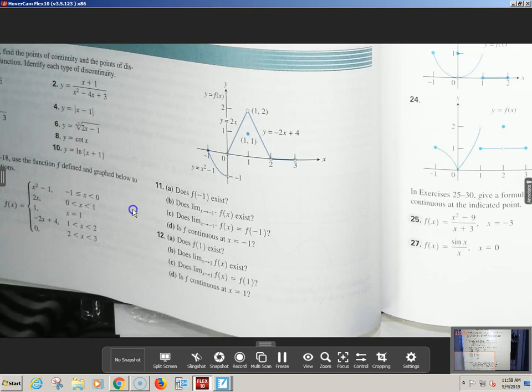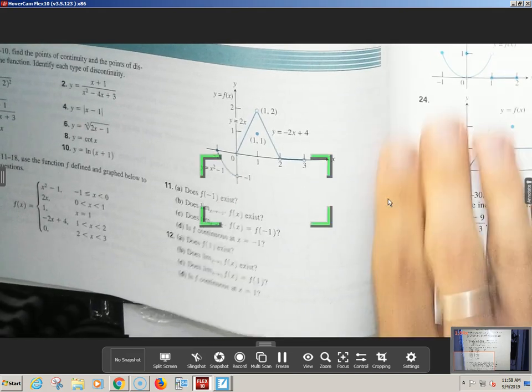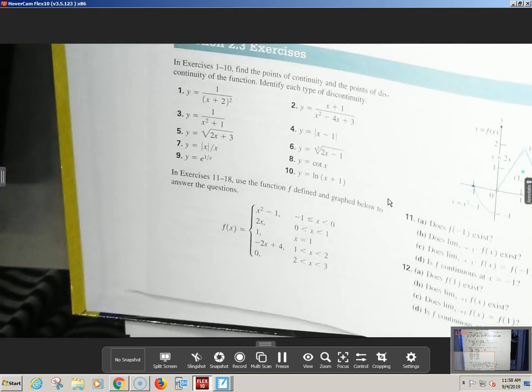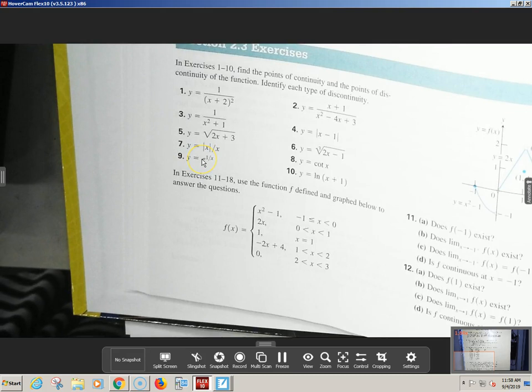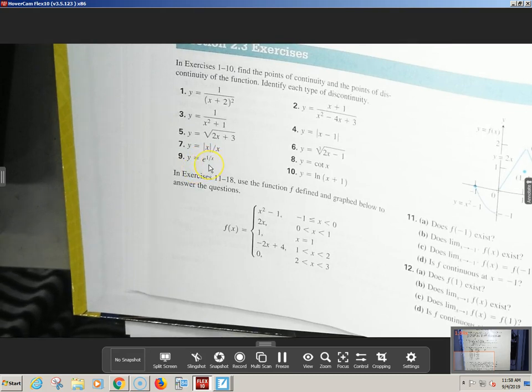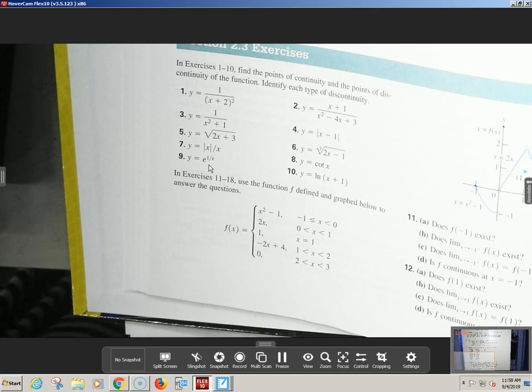We were going backwards to number 9. Number 9 is the nasty piece. Y equals e to the 1 over x, and you're supposed to be thinking about continuity. The only place this would be discontinuous is x equals 0. When you plug in x equals 0, 1 over 0 doesn't exist, though exponential functions are good for all points in their domain.